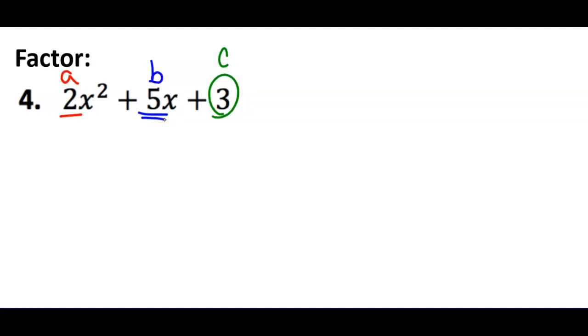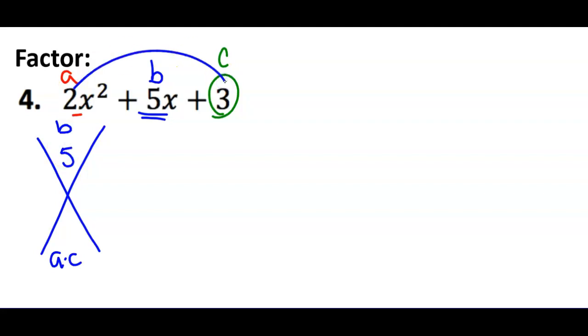So I said that in my diamond, this had to be A times C. That didn't have to be A at all. That had to be B. So my 5 is going to go here. And what's A times C? That's going to be 6.